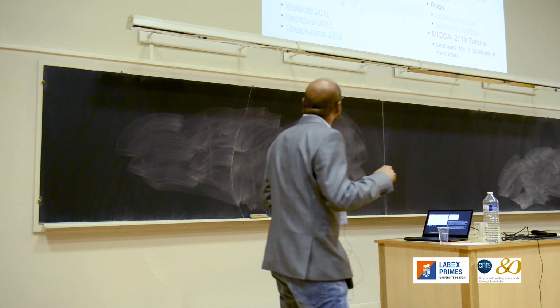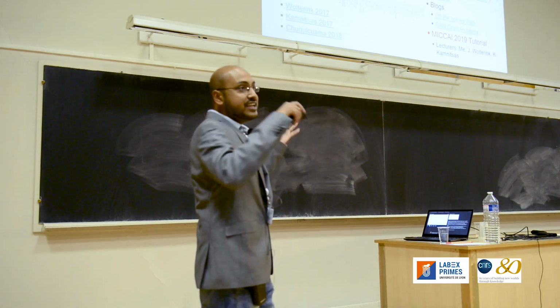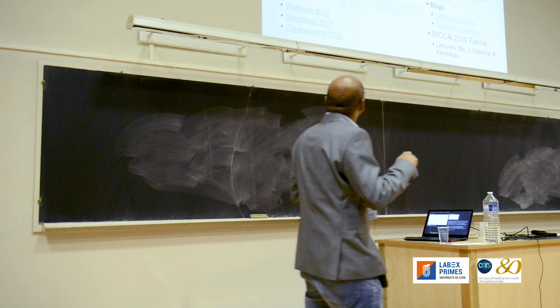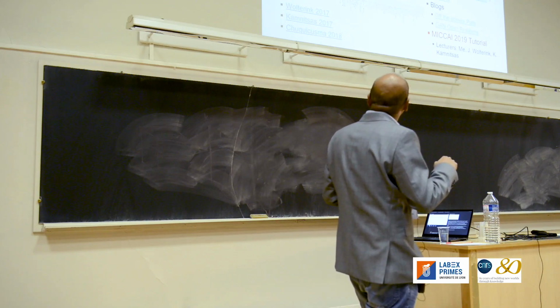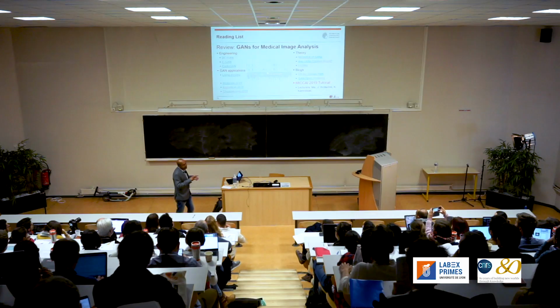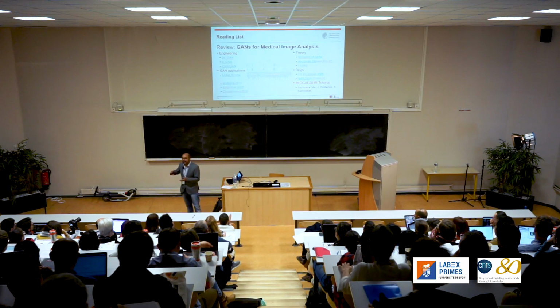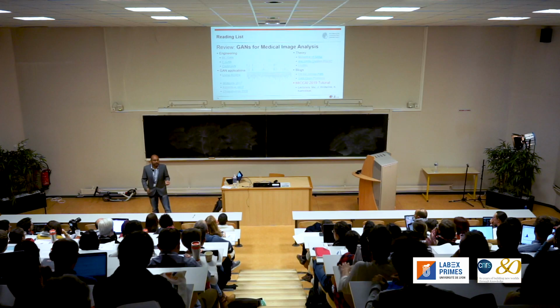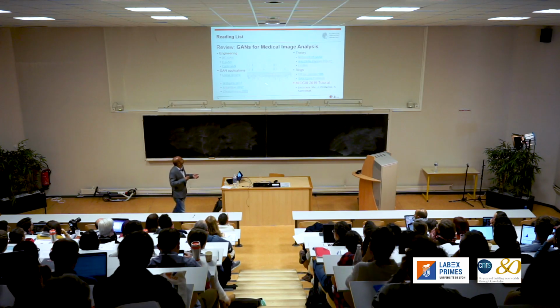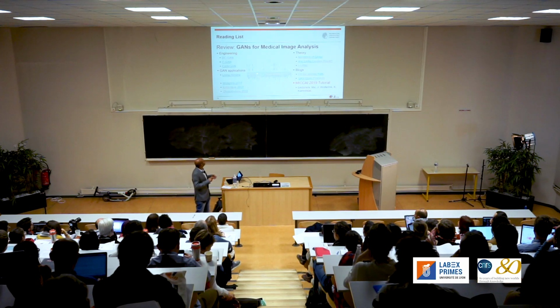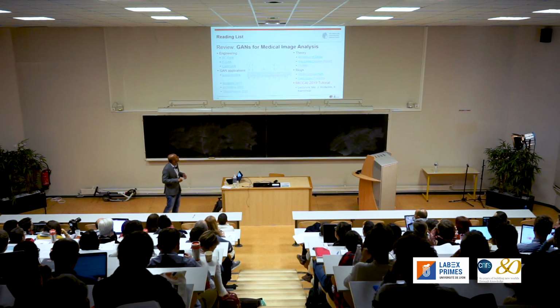This is basically a tree where you can look at different applications that have used different sorts of GANs. And these are clickable, so you can click there and get to the actual paper. This comes along with our paper, and if you click this link, you can reach there.